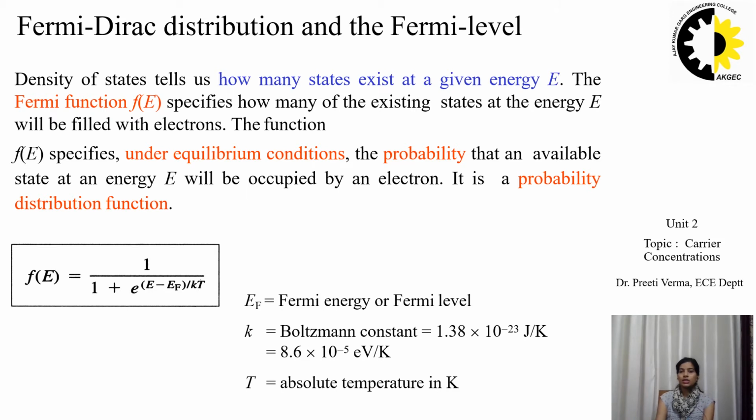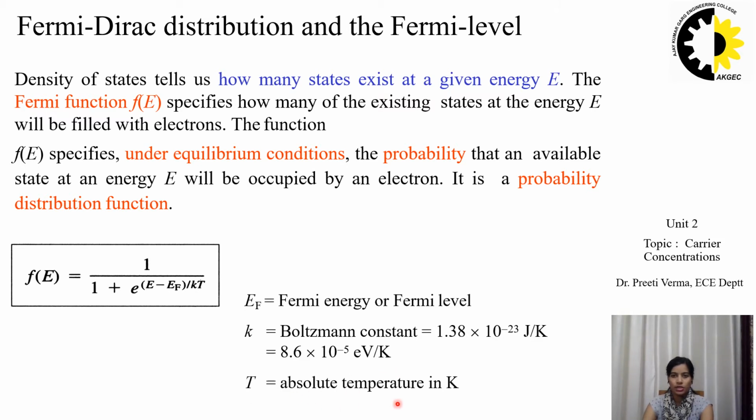It is the probability distribution function that can be defined as F(E) is equal to 1 upon 1 plus e raised to the power (E minus Ef) by kT. So this function F(E) defines the probability of finding an electron in any energy state E. Using this we can find the probability of an electron in this energy level E, and Ef is the Fermi energy level or the Fermi level. k is the Boltzmann constant, whose value is 8.6 into 10 raised to the power minus 5 electron volts per Kelvin.